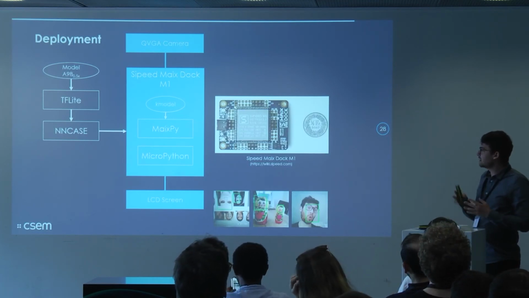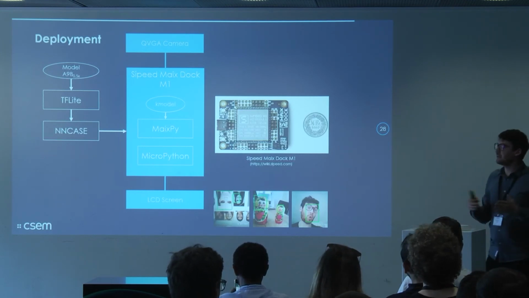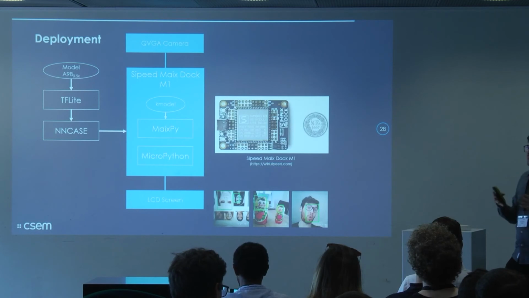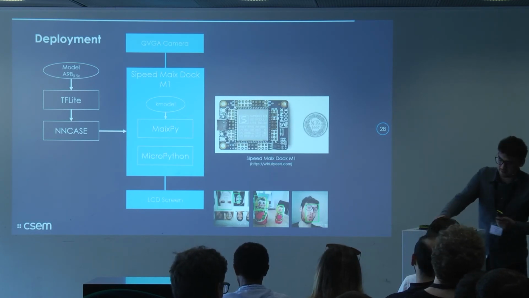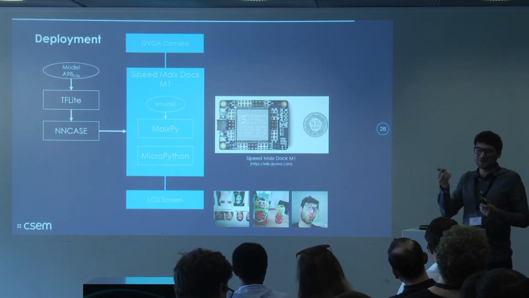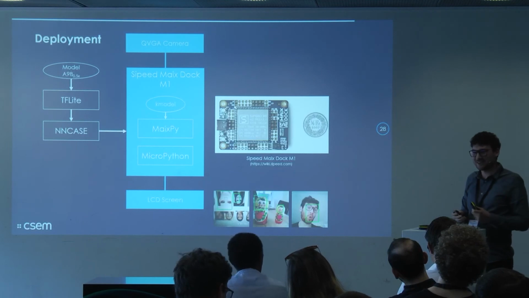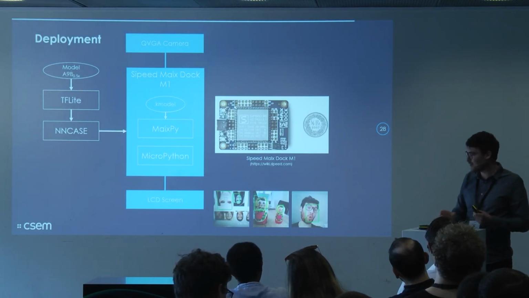Then we use tools provided by the platform, like NNKs, that further transform the model in order to make it compatible with the device. And the device that is present here, you can come afterwards and I can show you a demo. Actually, I don't have a camera here to show it, but you are welcome to try it afterwards.